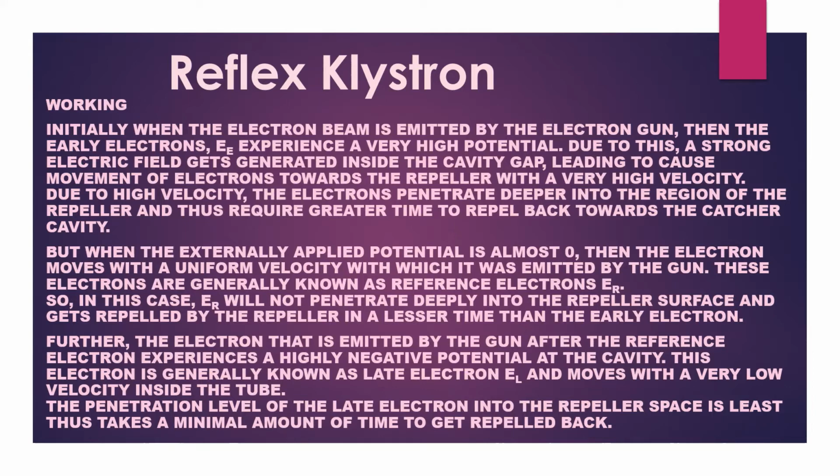And as they are moving towards the anode cavity, they will reach the anode cavity at different intervals of time depending upon how much they have penetrated into the repeller space. So when they are reflected back from the repeller electrode, they form a bunch of electrons at the anode cavity. Okay, anode cavity.